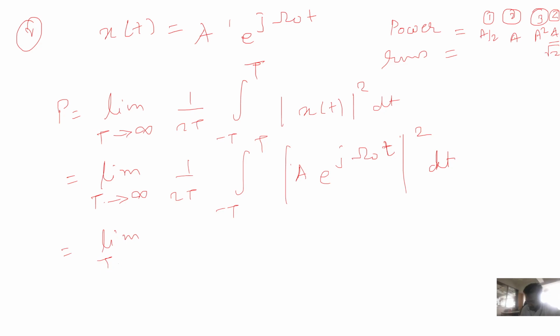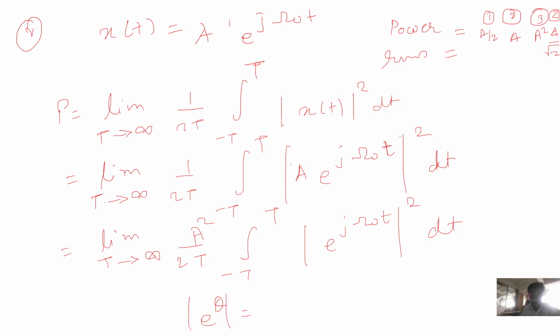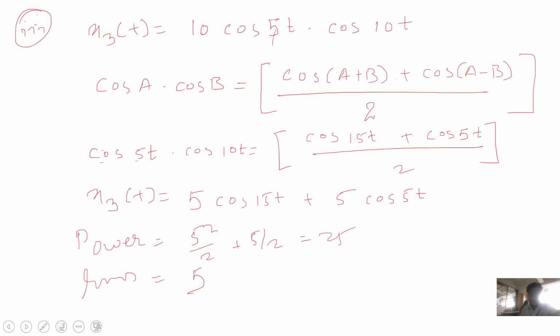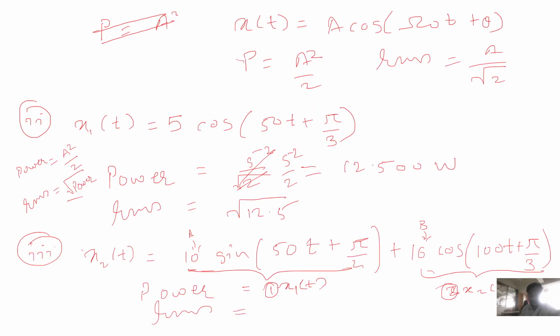Limit t tends to infinity, here I will write a square upon 2t integration minus t to t, and as this is depending upon t, I will write here e raised to j omega 0 t square dt. What is the value of mod of e raised to j theta? It is cos theta plus j sin theta, and if I am asking for the mod, we had calculated the mod somewhere.